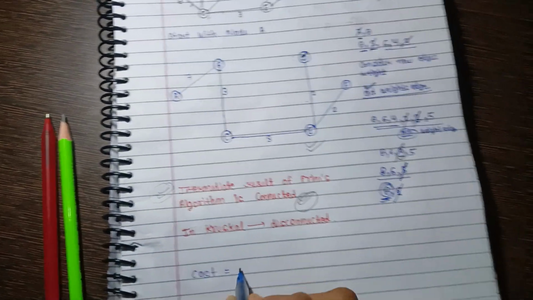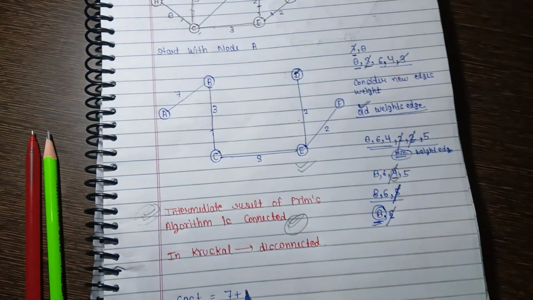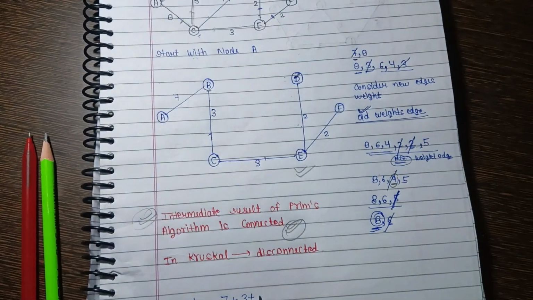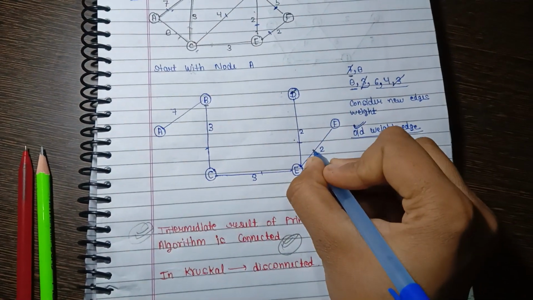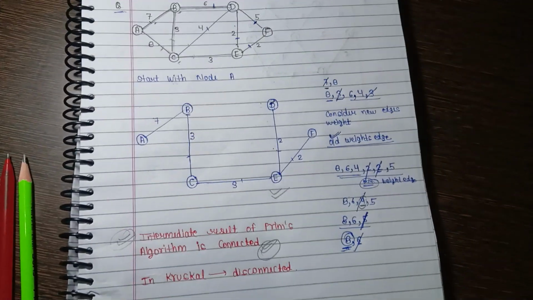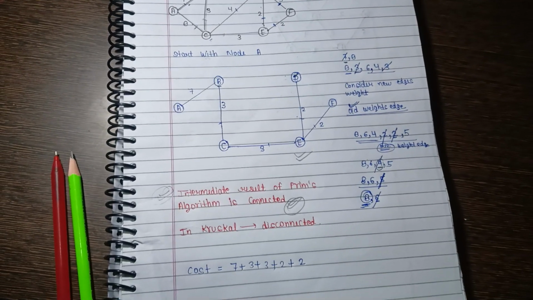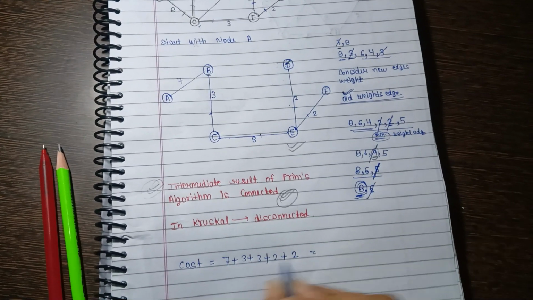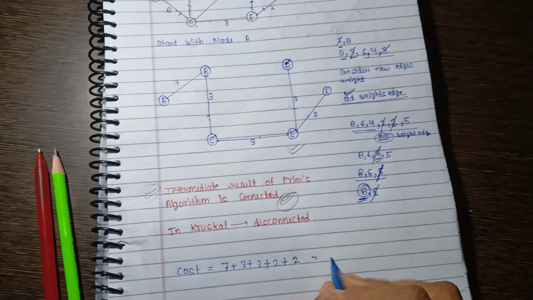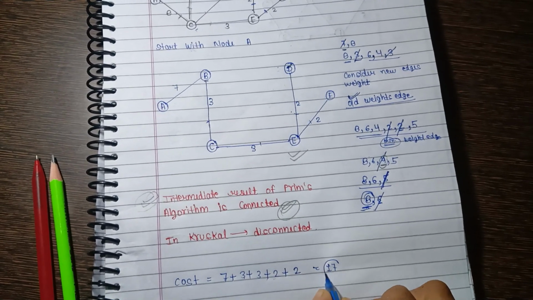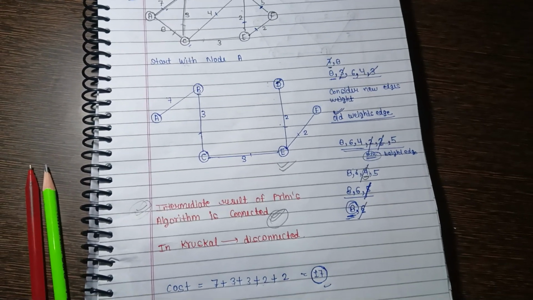So 7, this one, then 3, then 3, then 2, then 2. Now calculate this: 7, 3 is 10, 10 and 5 is 15, 15 and 2 is 17. So our minimum spanning tree weight is 17.